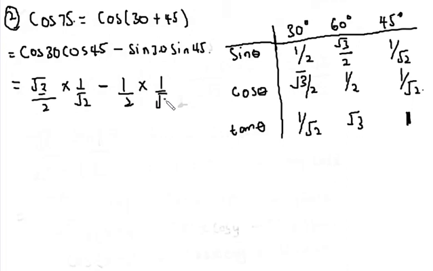Okay, so for the numerator, root 3 times 1 is equal to root 3, divided by the denominator 2 times root 2, which is 2 root 2, minus 1 times 1 is 1, divided by 2 times root 2, which is 2 root 2. Okay, so this is equal to root 3 minus 1 over 2 root 2.